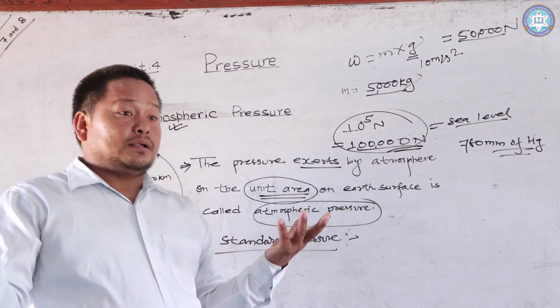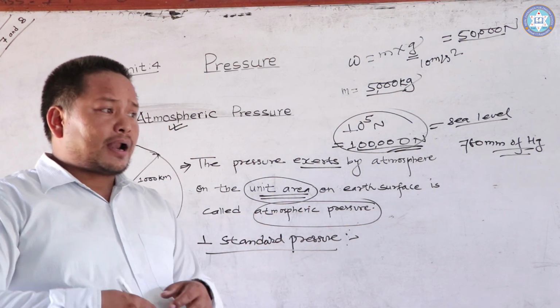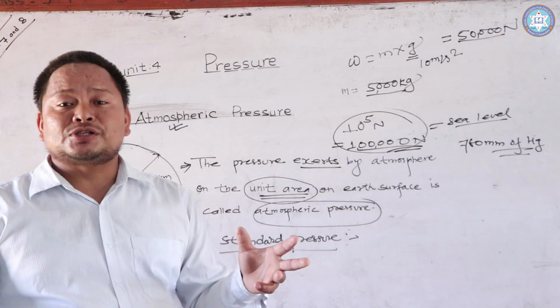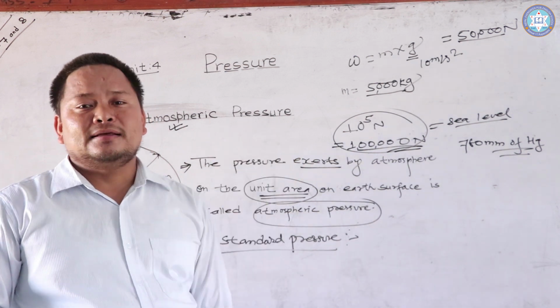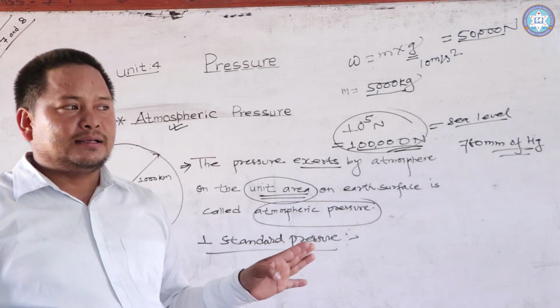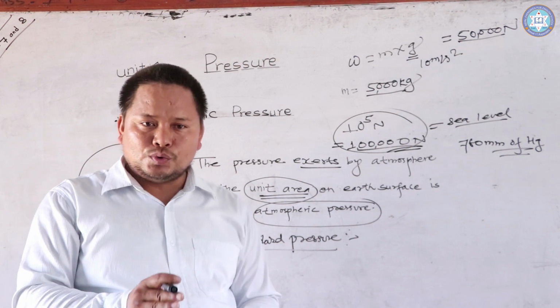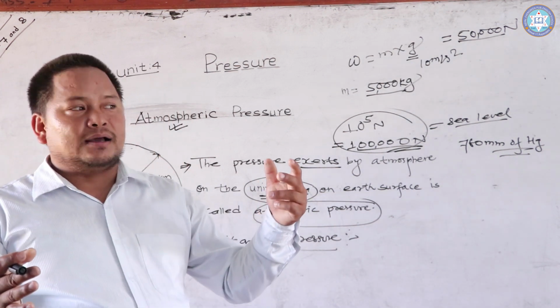Another question also arises. What happens if there is no atmosphere or atmospheric pressure? This is also called a vacuum, like in space. On the moon there is no air found. What happens in that area?